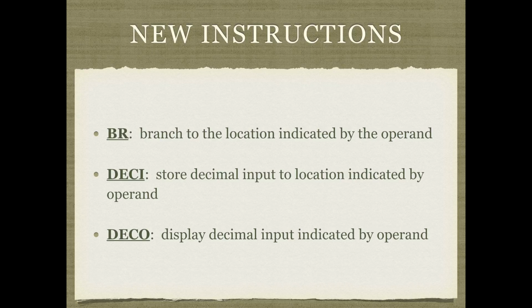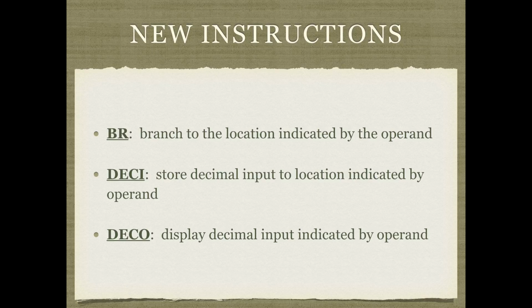Remember, back on Tuesday, we had 3 different storage locations which held data. And the first was the program counter, which holds the address of the next instruction to execute. The second was the instruction register itself, which holds a copy of the current instruction being executed.